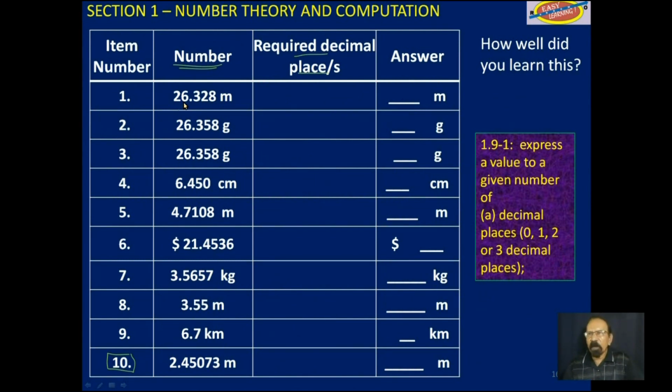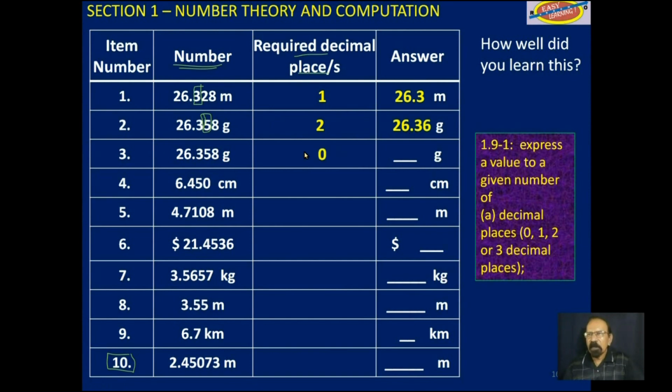So example 1, we want 1 decimal place. We want to round off here. So what is your answer? 26.3. Next one, we want 2 decimal places. That is, we want to round off at that 5. So what is your answer? 26.36 grams.